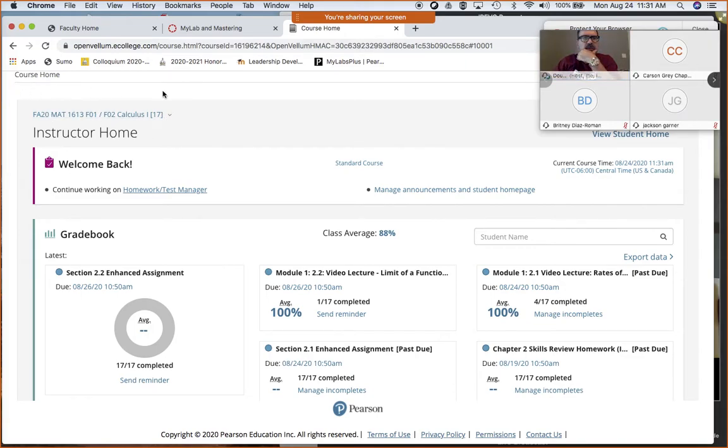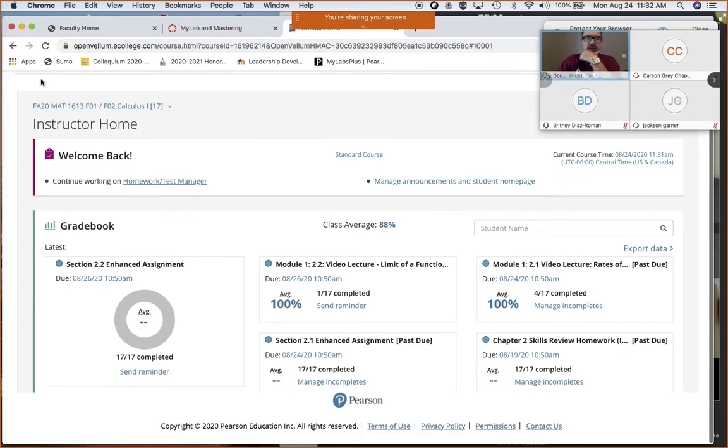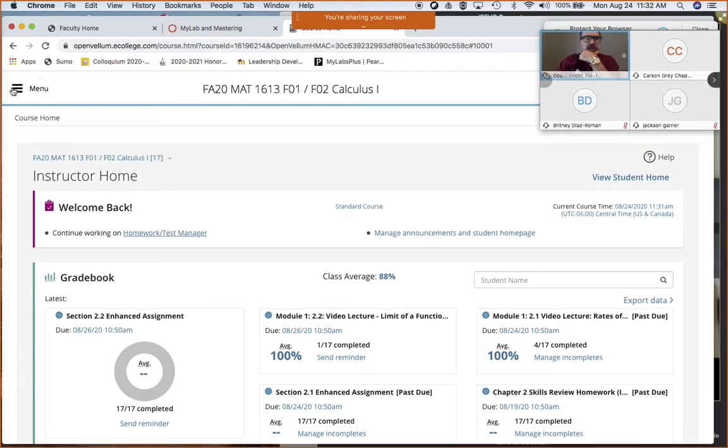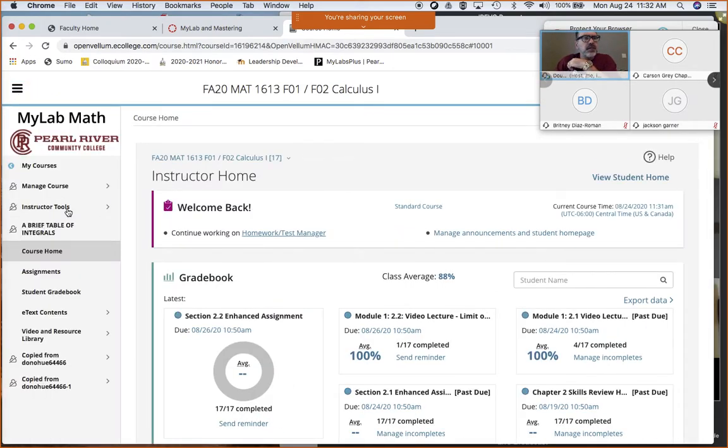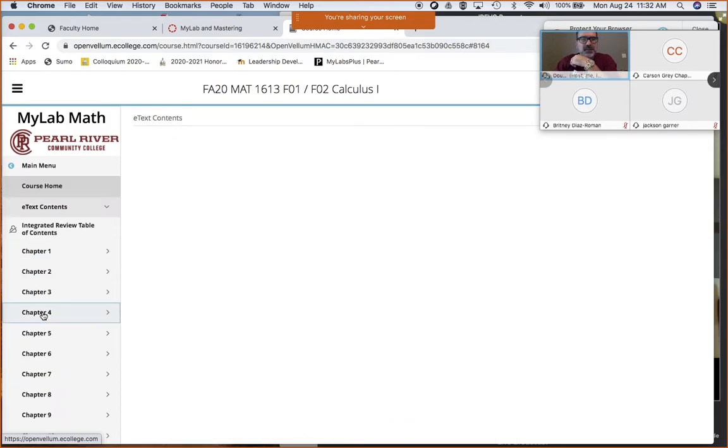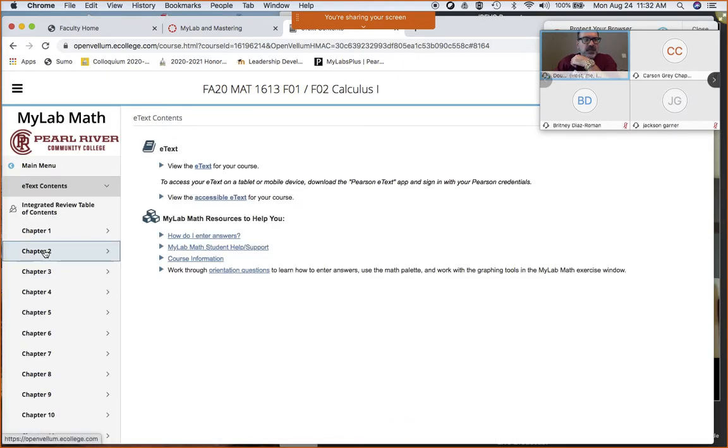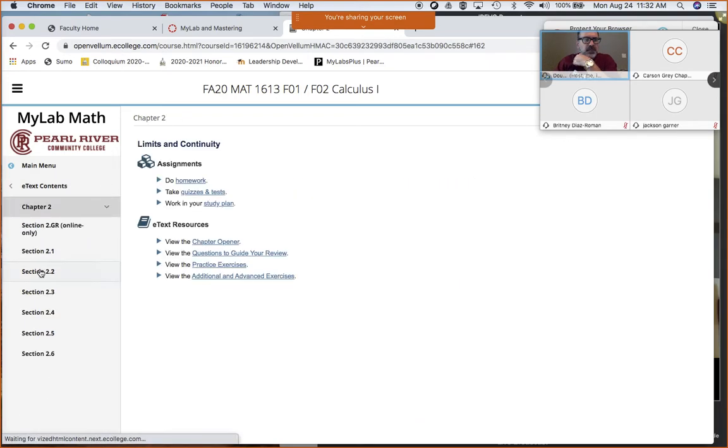My menu bar has disappeared. Oh, there it is. I scrolled down. There we go. The e-text, chapter 2, section 2.2.